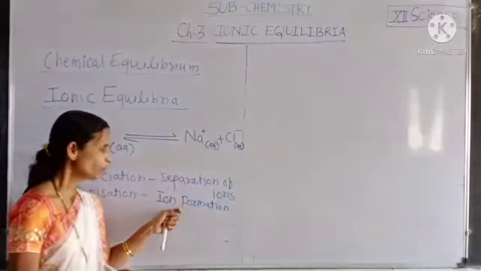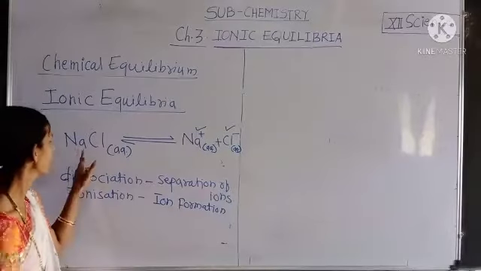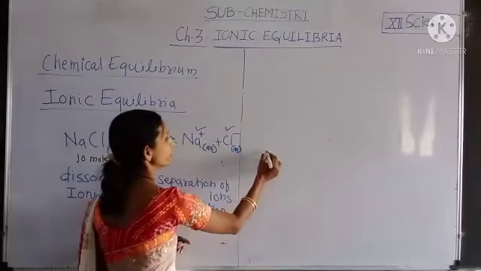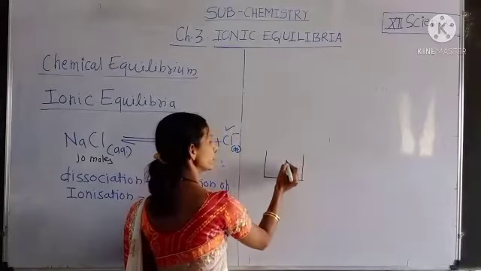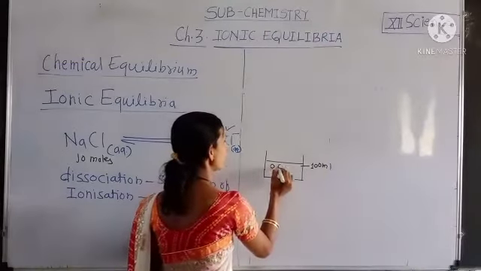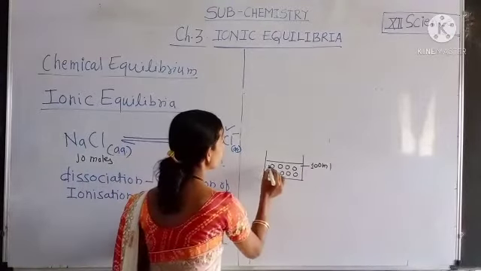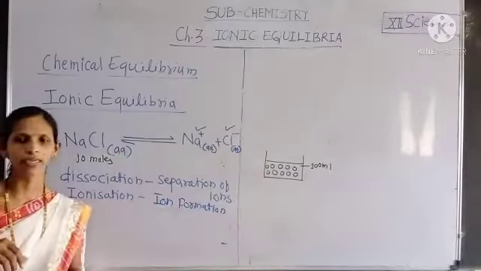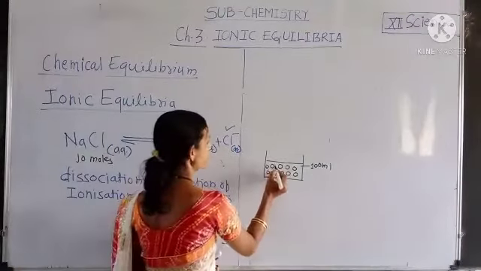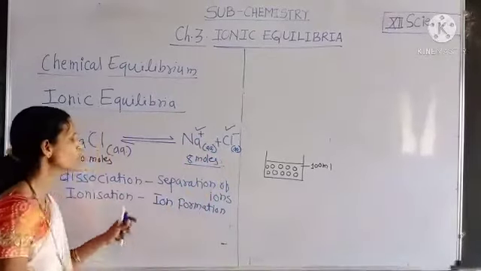That means, first of all, when any substance, for example common salt, see here, when 10 moles of NaCl are dissolved in a given amount of water, that is, 100 ml water, then out of that 10 moles, only 8 moles get dissociated into aqueous medium.